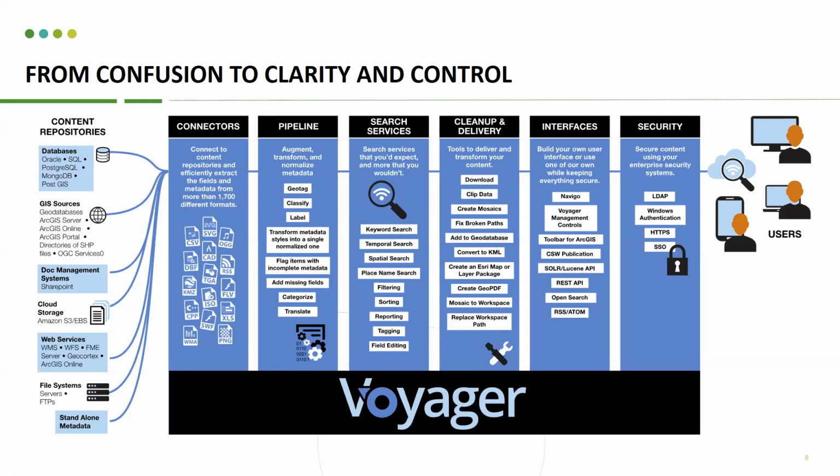So how does it work? Okay, first you need to connect Voyager to your data sources, meaning it can be your databases or your GIS database, geo databases. You can connect it to document management or SharePoint, or even if you save most of your data in cloud storage, you can connect it to services like Amazon, Google Drive, etc. And some more, you can also connect it to any particular web services.